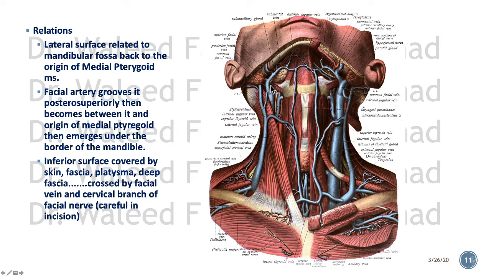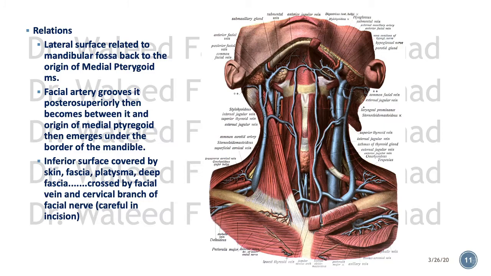That's why it went deep and grooved the posterior part of the gland. And then after giving the branches, it wants to go out again, so it has to come superficial to the lateral surface of the gland for a while, and then curves upwards on its way to the face.